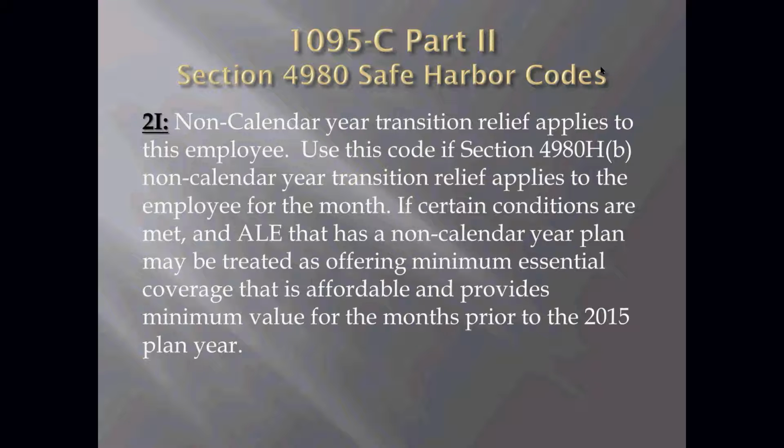This is not a code anybody on the call is going to have to worry about. This is a very specific code to get into, and it's not easy to use. Stick with the safe harbors for pay or the safe harbors for the federal poverty limit if your coverage fits within them.